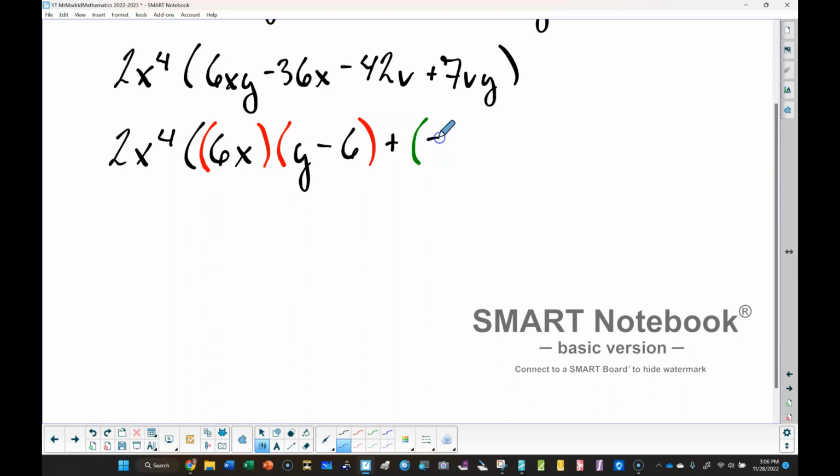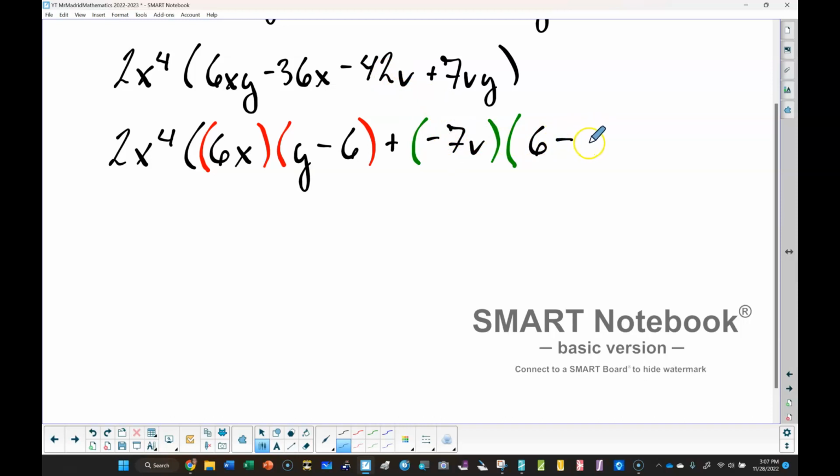So I'm going to pull out a negative 7v, which leaves me a 6v, right? 6v times this gives me that. Whoops, I have an extra. Okay, so this times this gives me that. And over here I have what?